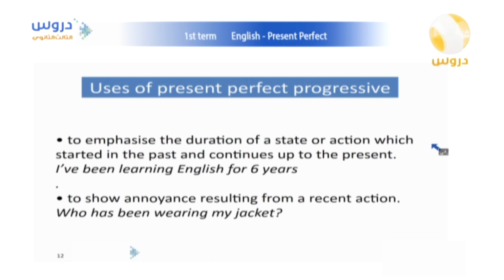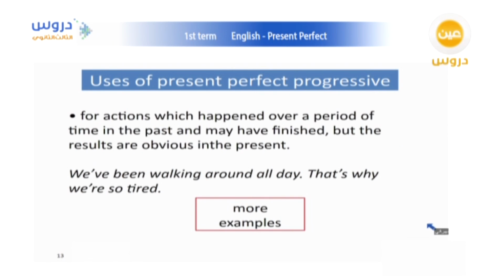Now we move to the present perfect progressive. It is used to emphasize the duration of a state or actions which started in the past and continue up to the present. For example, I have been learning English for 6 years. The second use is to show annoyance resulting from a recent action. Who has been wearing my jacket? So you are annoyed and you can use the present perfect progressive: who has been wearing my jacket?